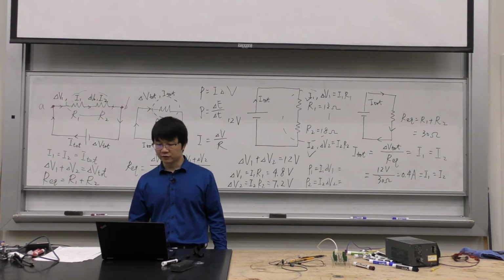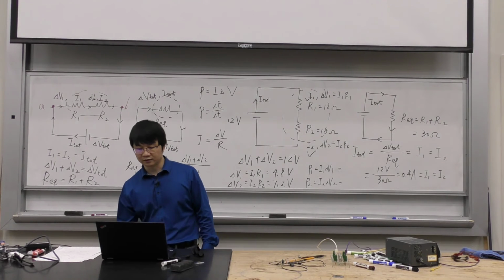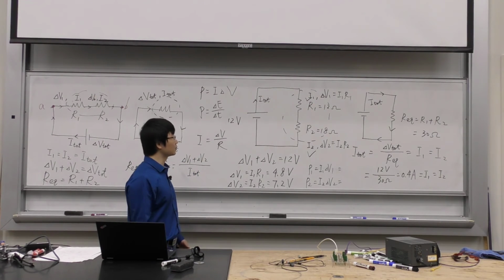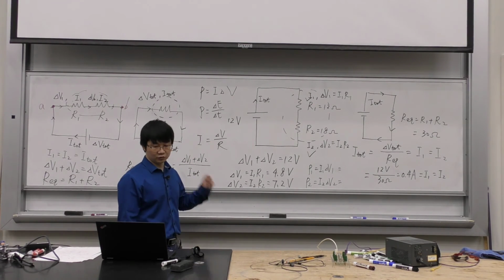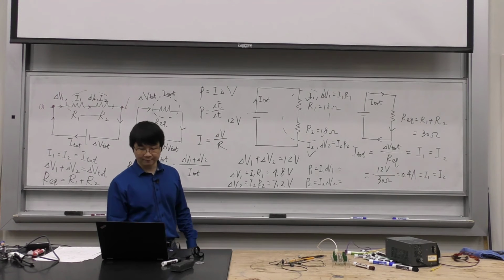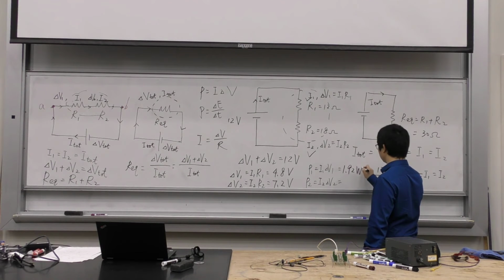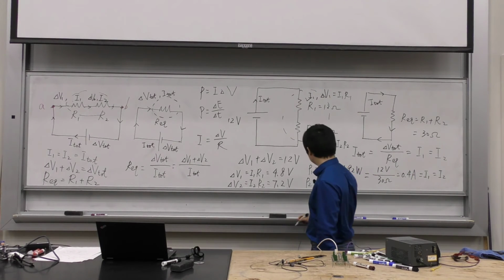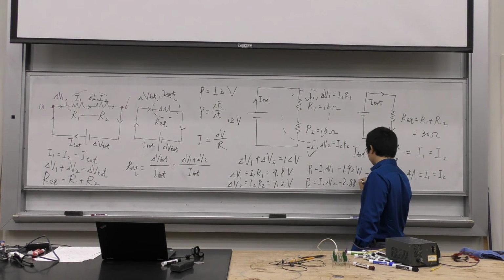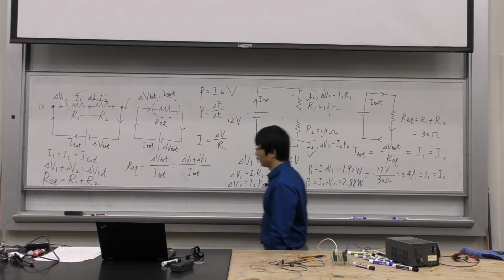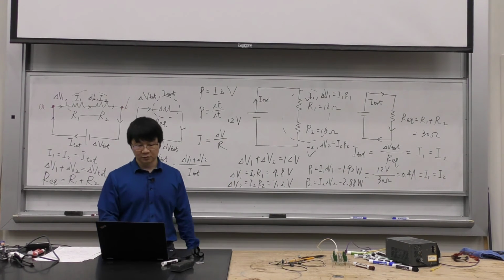The only difference is that now you have two resistors combined. You just need to know the relation among all these currents, voltages, and resistances. So this is going to give you 1.92 watts, and the second one is 2.88 watts. All right, so that's a series circuit.